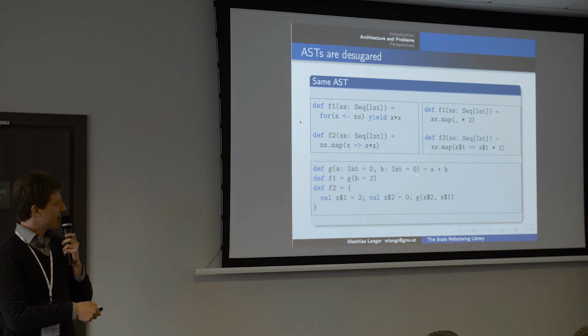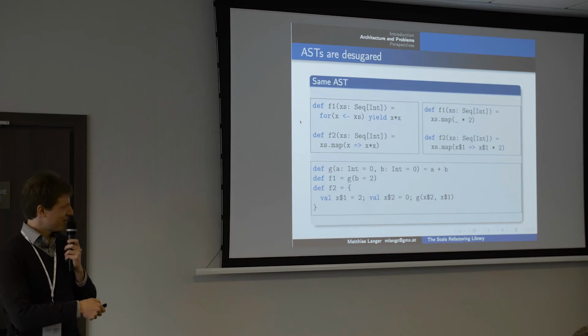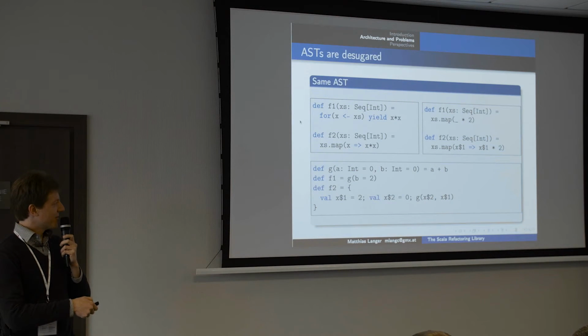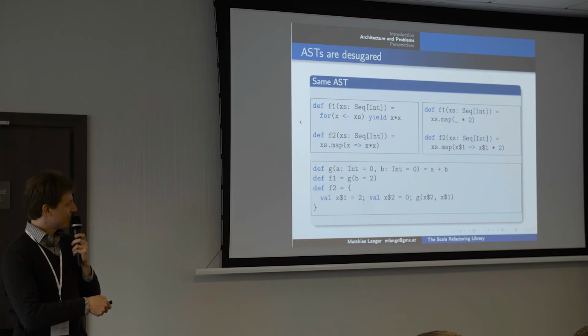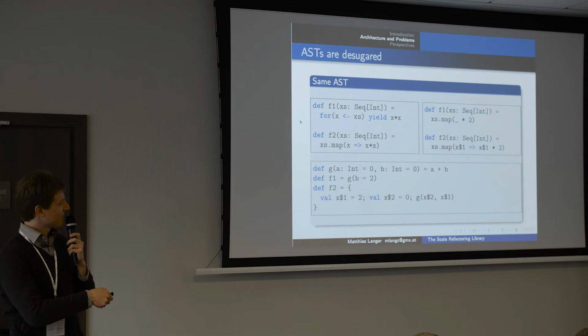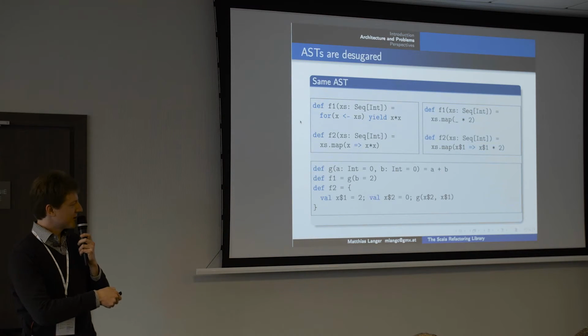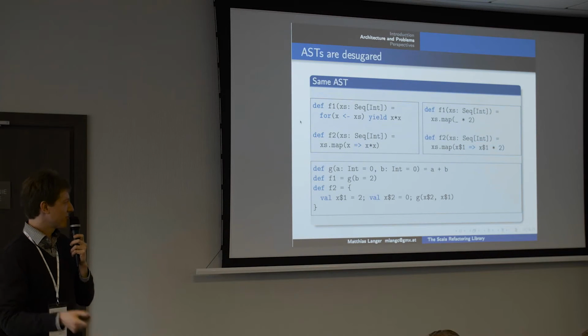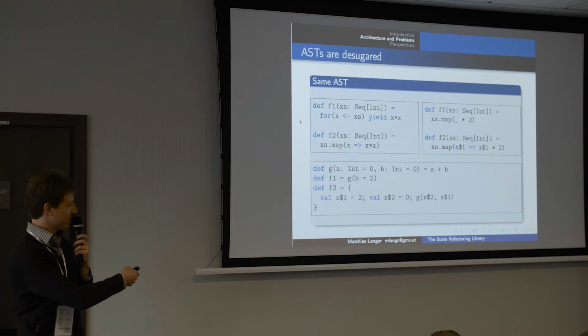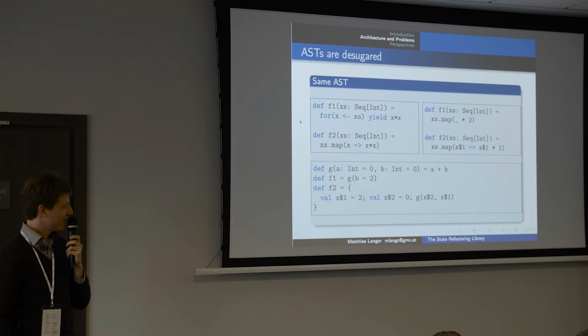The same applies to default arguments and named arguments, where it might even get worse. If we look at this very simple function that just calls g with named parameters, using the default value for a, the abstract syntax tree that we actually get is this one here, which is fine for a compiler because that's the code that should be generated in the end.